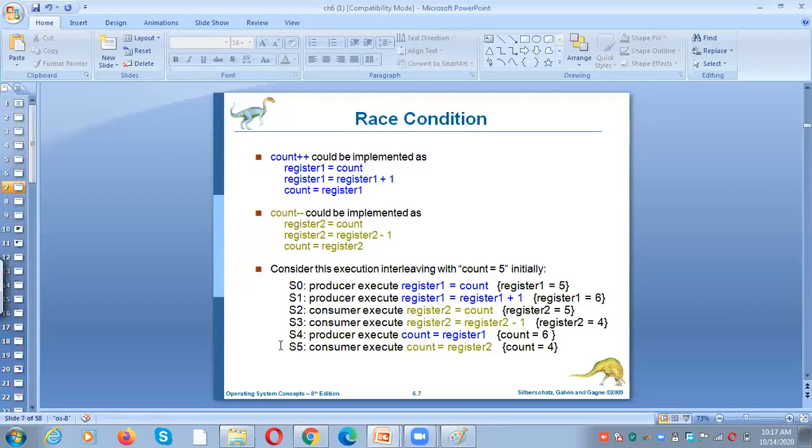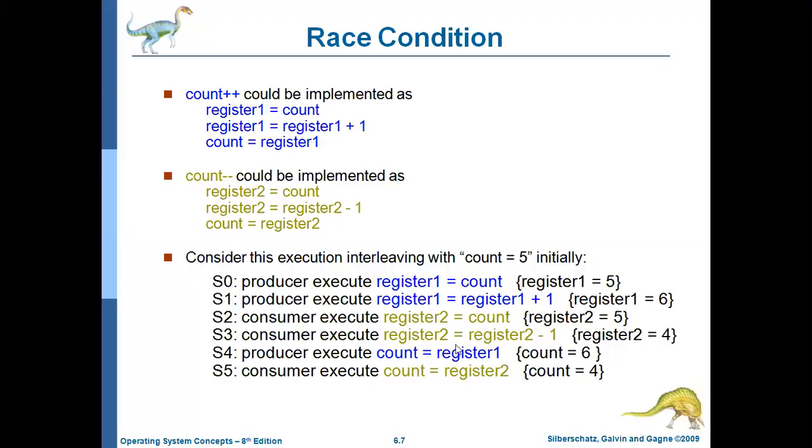That means here if you observe, if all the producer statements are performed at one time and then all the consumer statements at one time, that means register 1 equal to 5 and then register 1 is incremented to 6. After that register 2 equal to 5 and then register 2 minus 1 means 4. So here it is 6 and here it is 4.